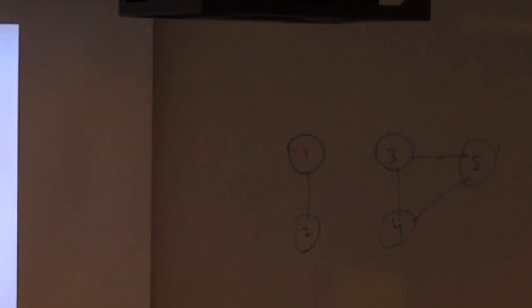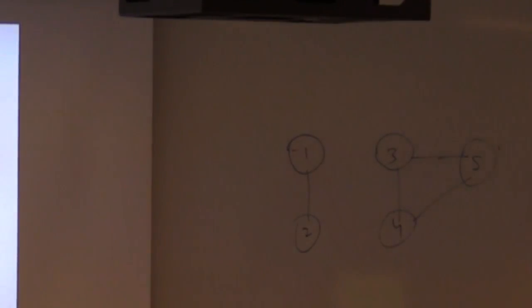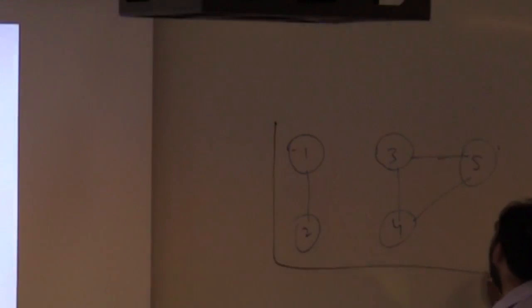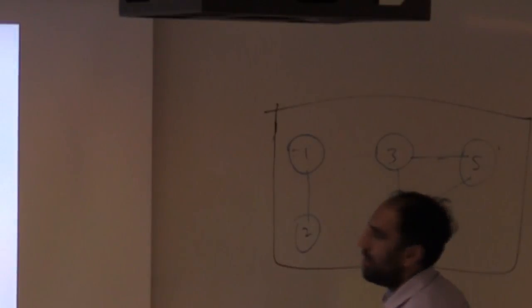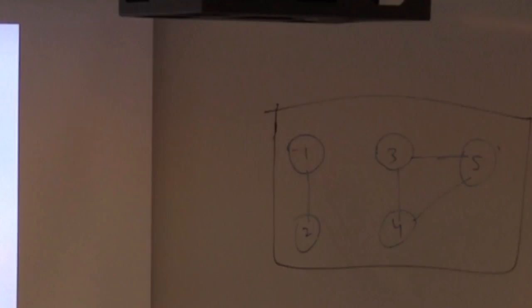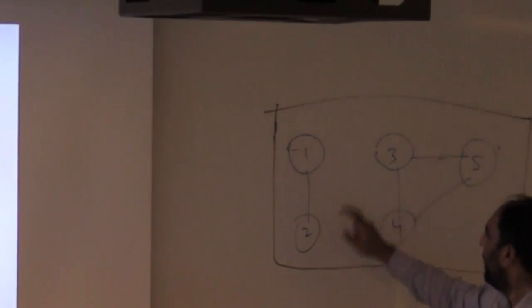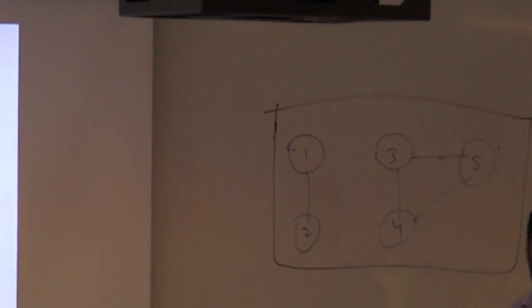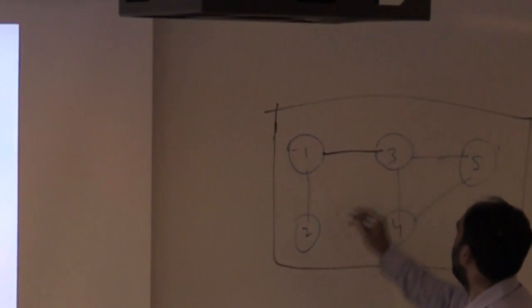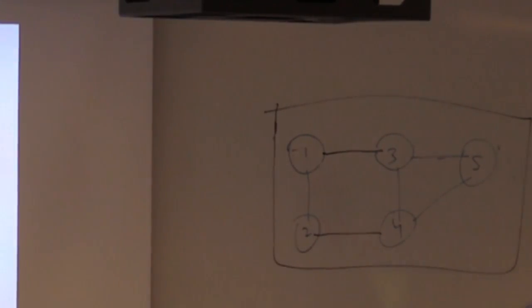Is it a connected graph or not? The definition of a connected graph is that there should be a path between every pair of nodes. If you consider this as a whole graph, it is not connected because there is no connection between 1 and 3, 2 and 4, and also the other ones. To make it a connected graph, there must be a path from every node to every other node.